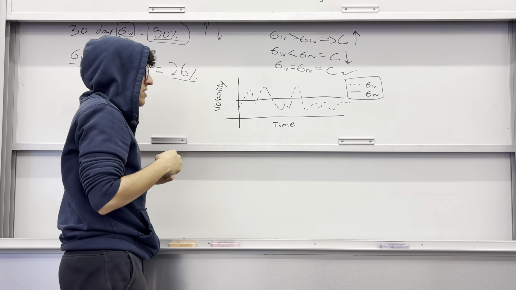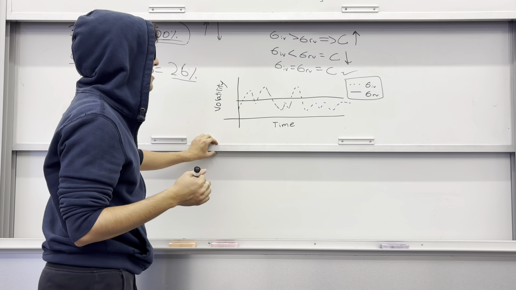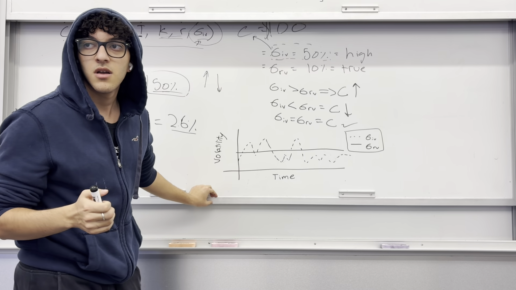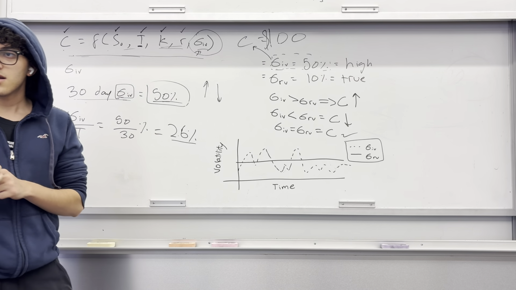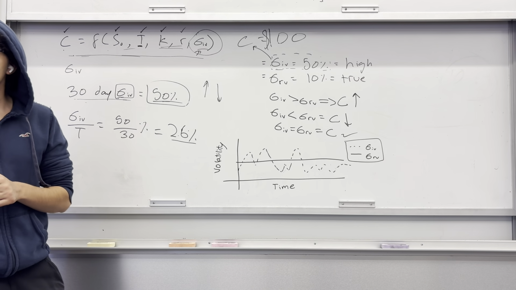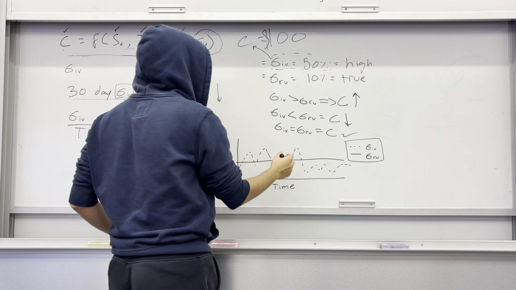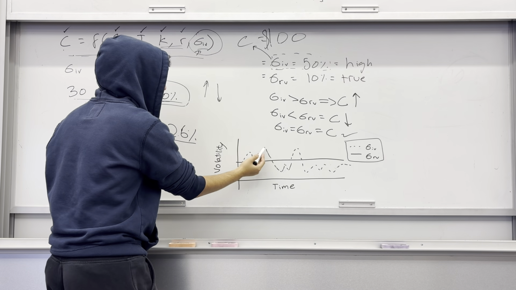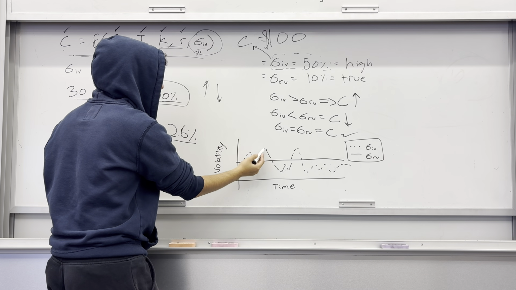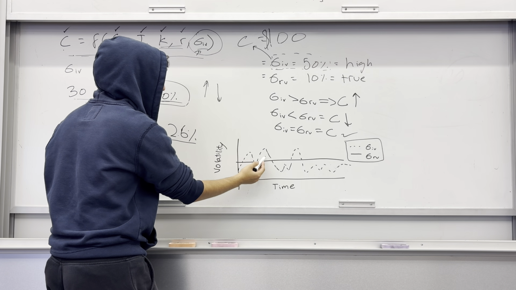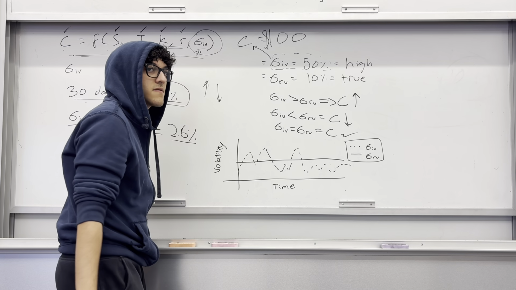Isn't that kind of like a standard deviation? Because you can see how much it deviates from the average. Yes. So if we know that when the implied volatility is higher than the realized volatility, then the call price is too expensive.